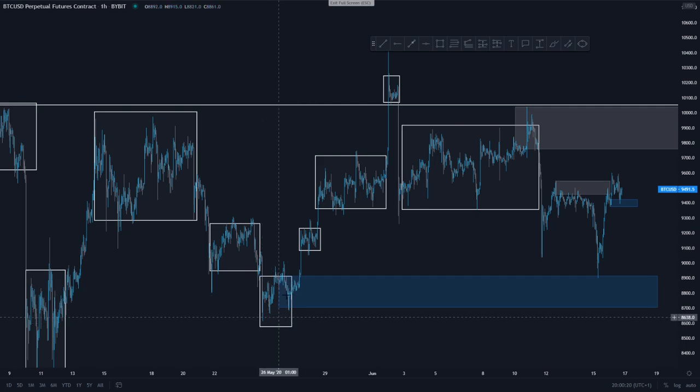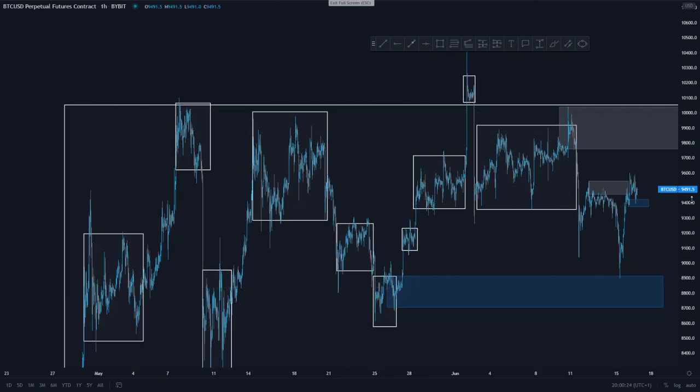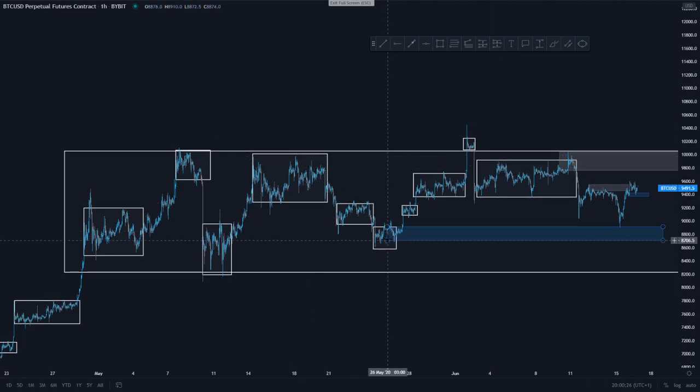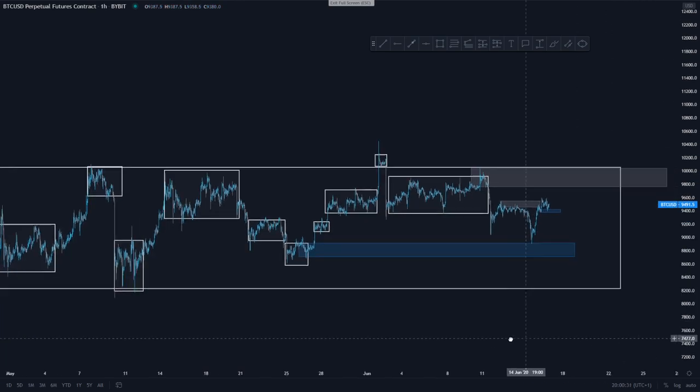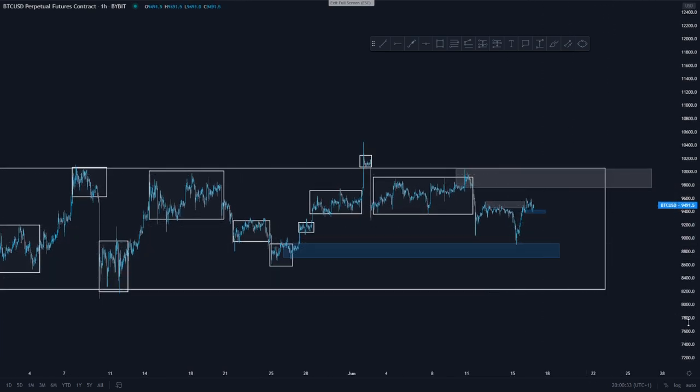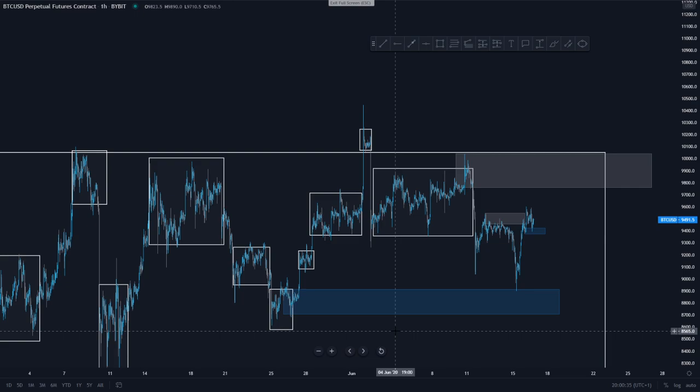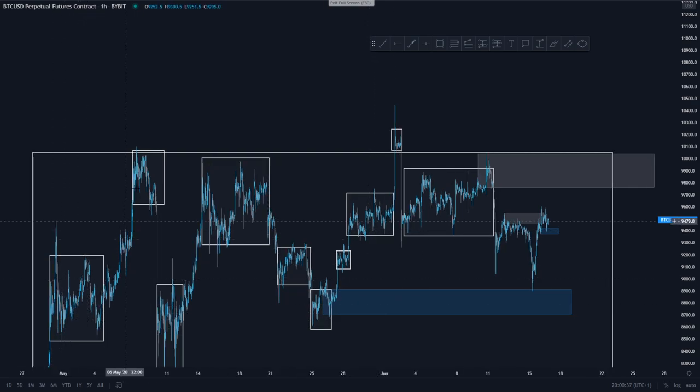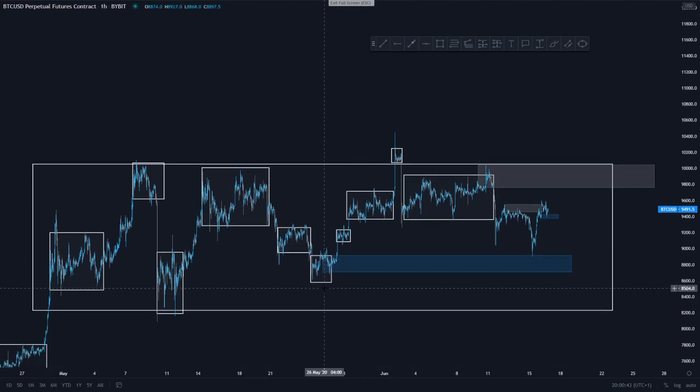The drop base rally zones are stronger in general. As you see here, the price dropped, base did rally, and this zone has proven that it's strong, right? So in general, these zones are stronger. Here, rally, base, drop. This zone is strong, price came in it and then did reverse.